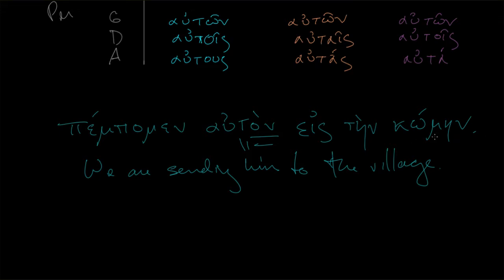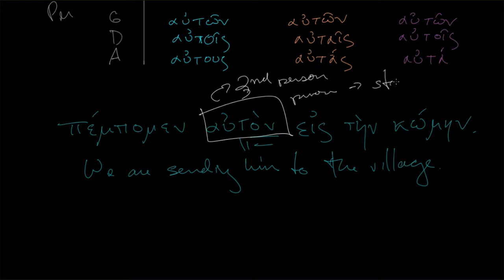Can't be komain because it's not feminine. And if it did actually intensify with komain, it would have to be here. It wouldn't be before that preposition. So we see it standing on its own, and that's going to be the marker of these personal pronouns, or I guess these third-person pronouns. Third-person pronouns, and they stand on their own.